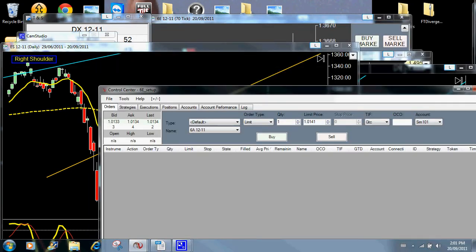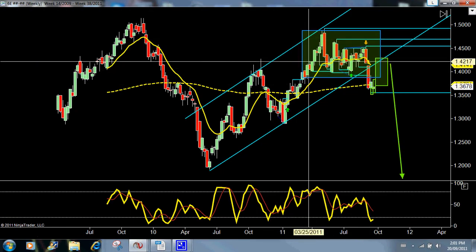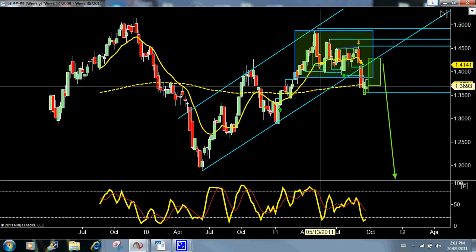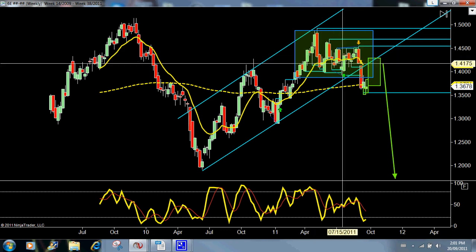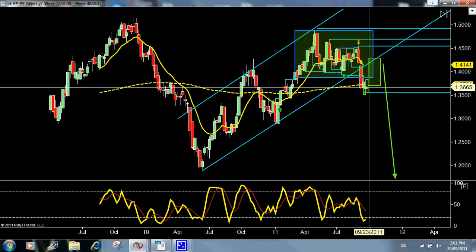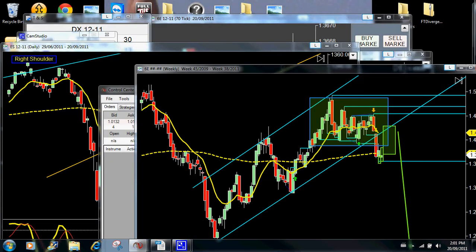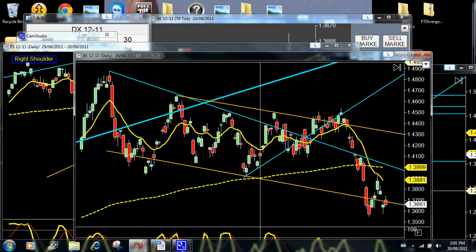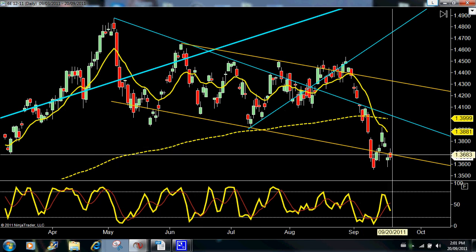But this consolidation up here is the real story, guys. This is very rare over the last few years that we get this much of a consolidation on the weekly chart of the euro US dollar. And if we want to zoom in at the day level, we can see that we're probably going to climb.